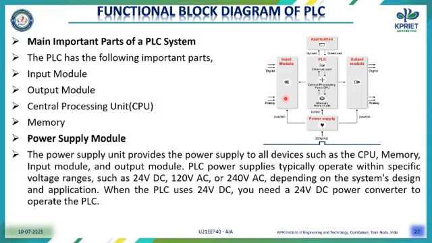For 24 volts, we take the supply from 220 volts AC, so we definitely need a power converter from 220 volts AC to 24 volts DC. This structure is similar to the previous functional block.